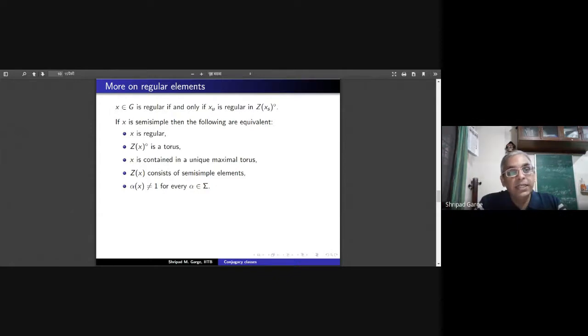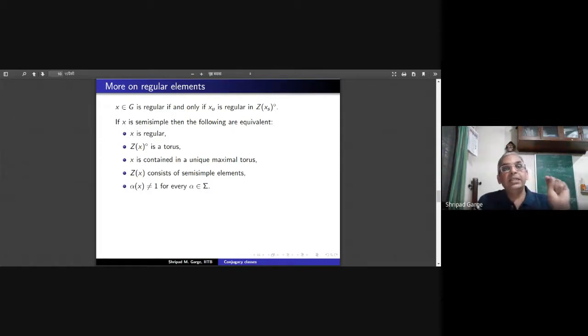And this final statement is similar to the second or third statement: all roots have a non-trivial value on your element X. This is seen very easily for our SLN case. For SLN, our roots were simply chi-ij, where you choose an ith element and a jth element and take the quotient, ti upon tj.